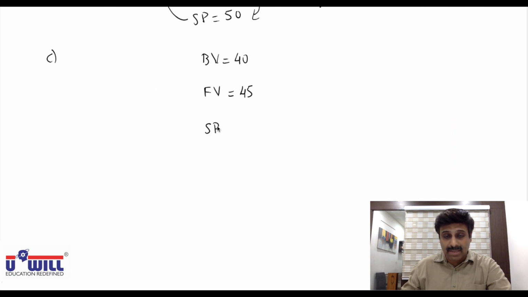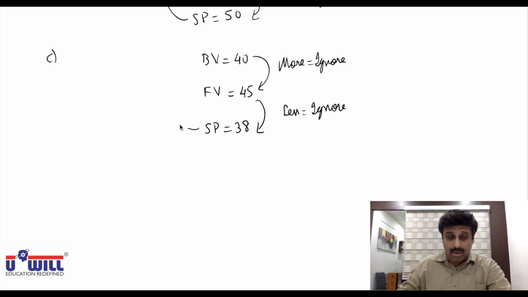Let us go step by step. First compare book value with fair value. Fair value is more, ignore. Now compare selling price. Selling price is less, ignore. We studied that in the upper one more is ignored, in the lower one less is ignored. Now compare selling price with book value. 38 and 40 means there is a loss. Selling price is less. So what is the loss? Loss is of 2 lakhs.